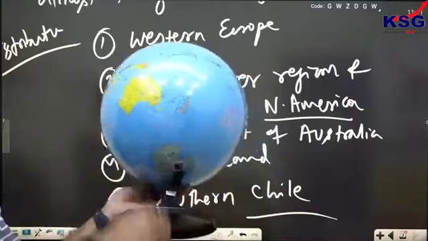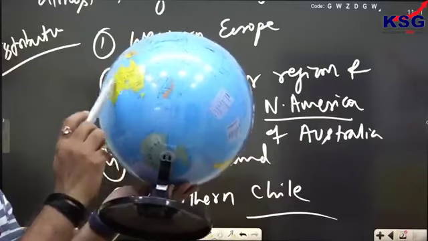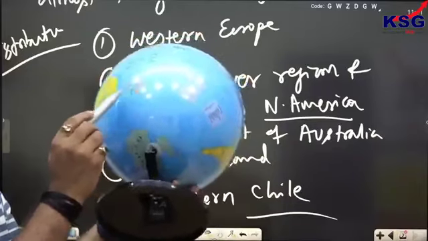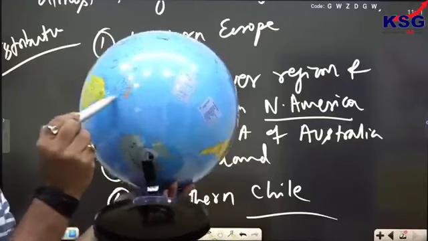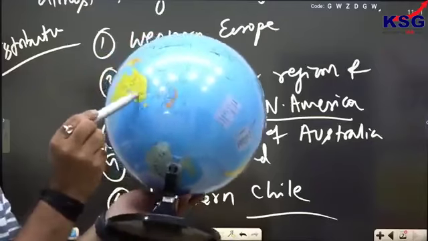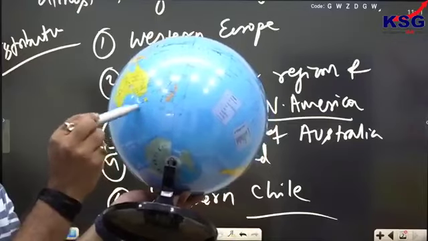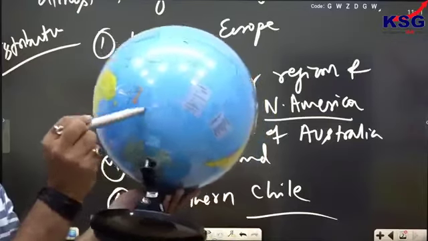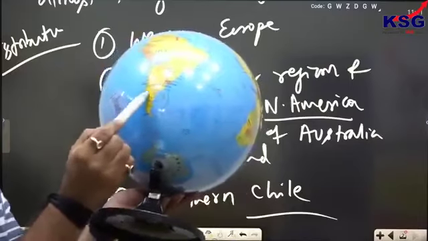You see this region, this is the New Zealand area. Sorry, this is Tasmania here in Australia. Then in South America, you see here the southern part of Chile.